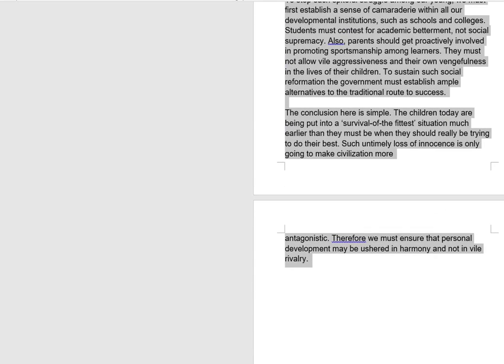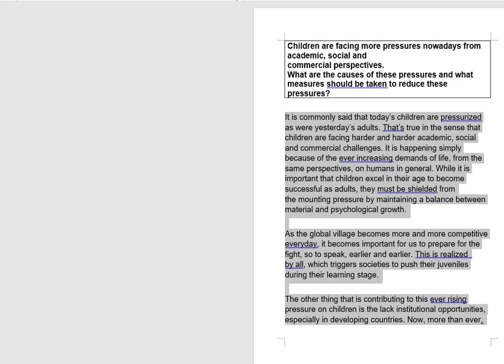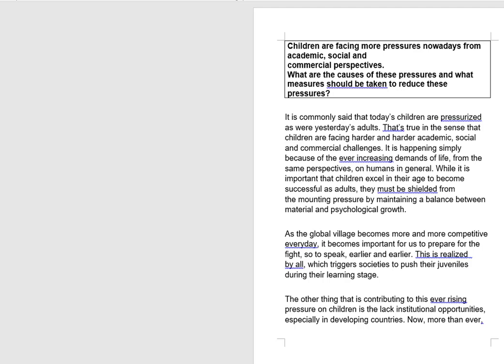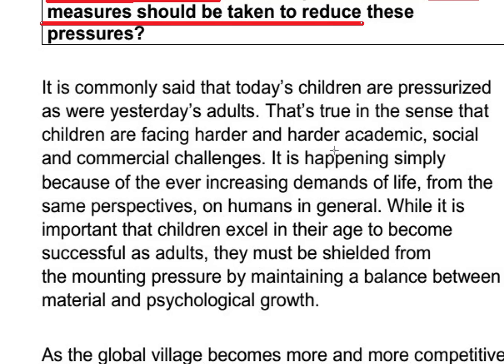If we look at the word count, it's 376 words. Way too long. This is not really a good example of a script to be used, since it's so far over the 250 word limit. So this introductory paragraph is way too long.